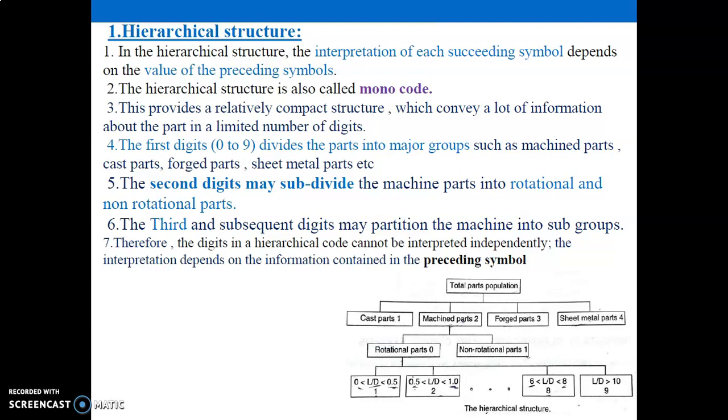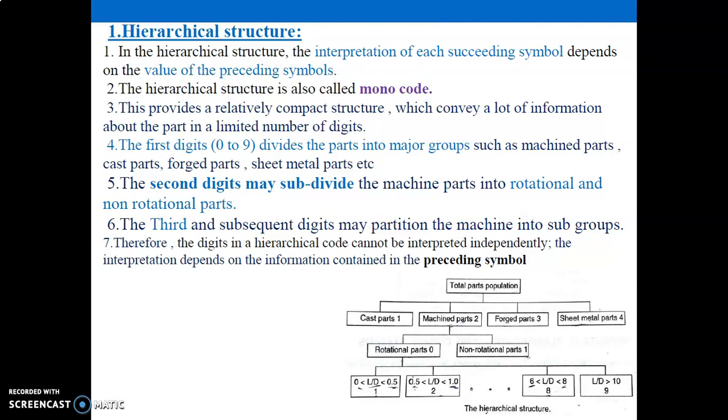The second digit may subdivide the machine part into rotational or non-rotational parts. So from the barcode, suppose you have the second number. From that, without seeing the part, you can identify whether the part is rotational or non-rotational.